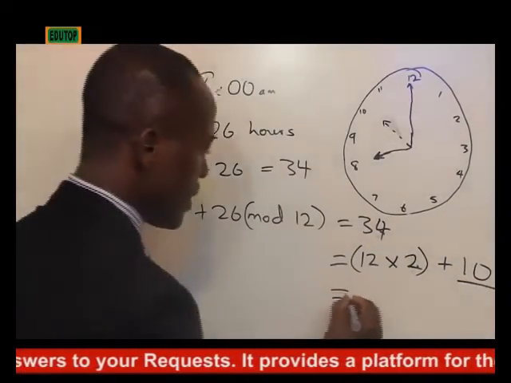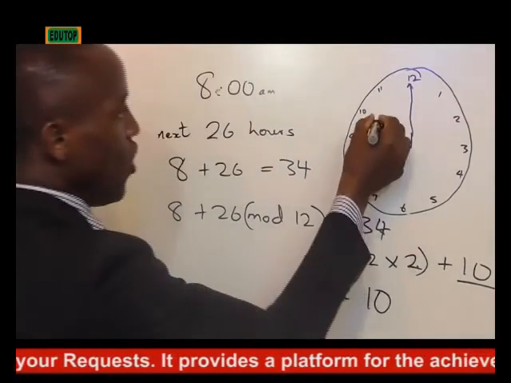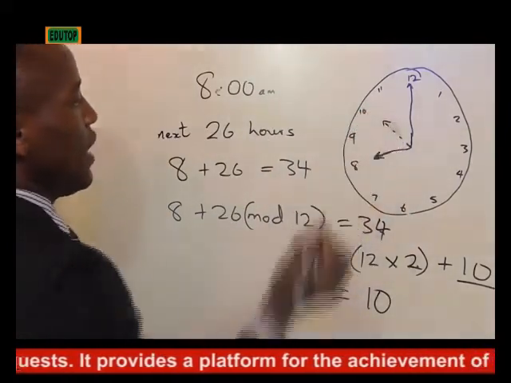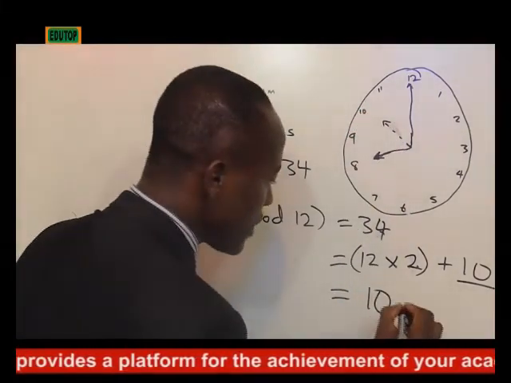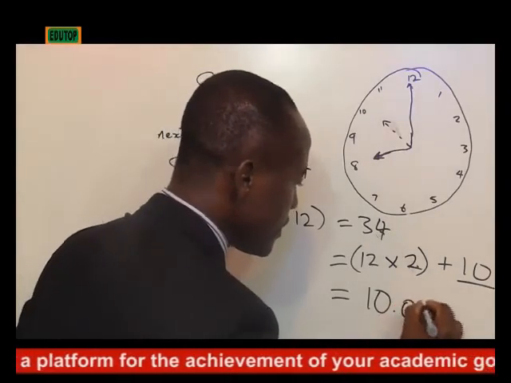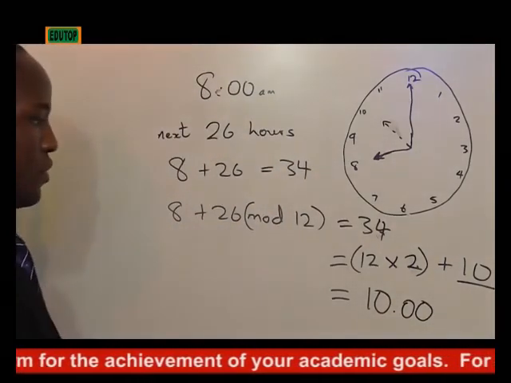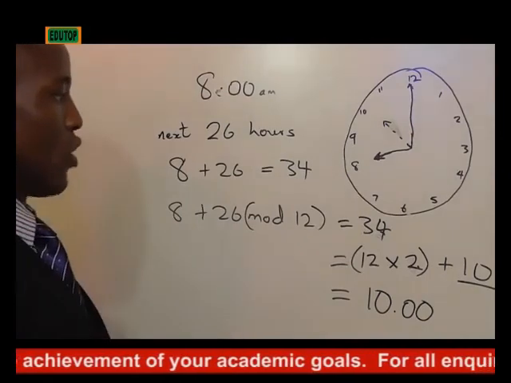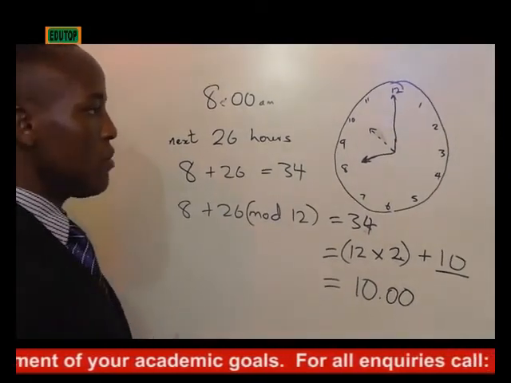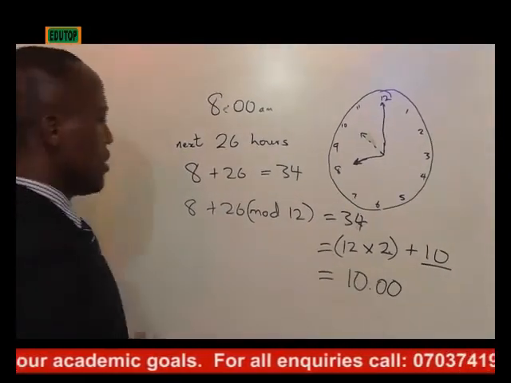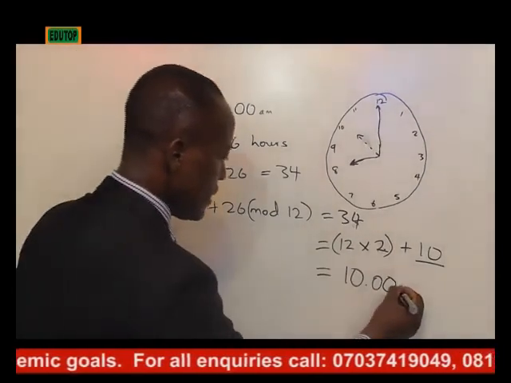So we can now say that it's equal to 10. So we can just say that it is 10 o'clock. Now, the bone of contention can be, is it AM? Is it PM? But we can just say that it's 10 o'clock.